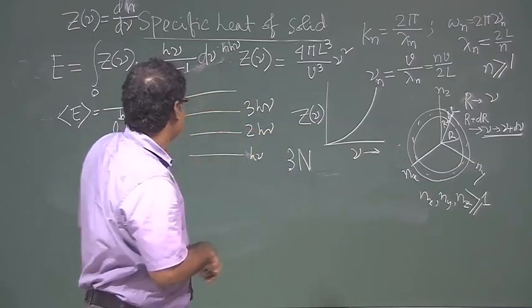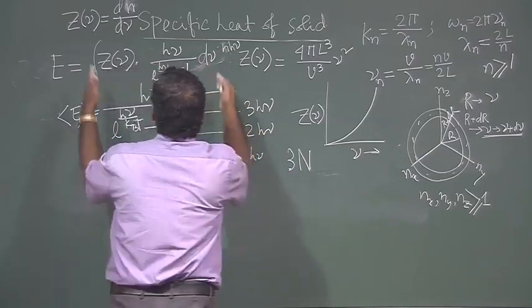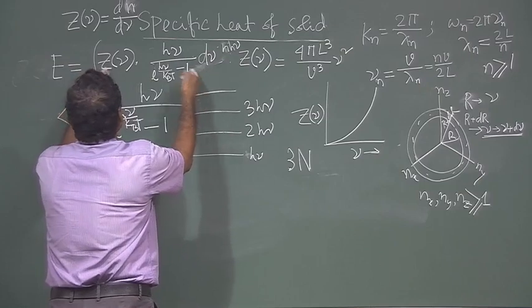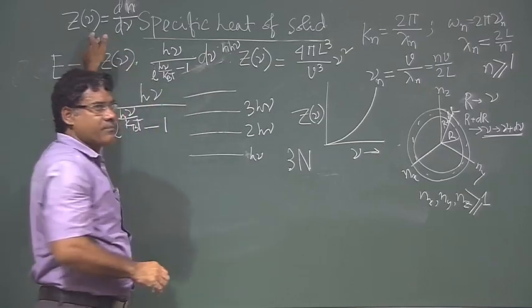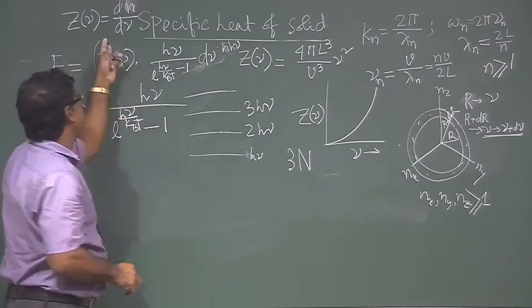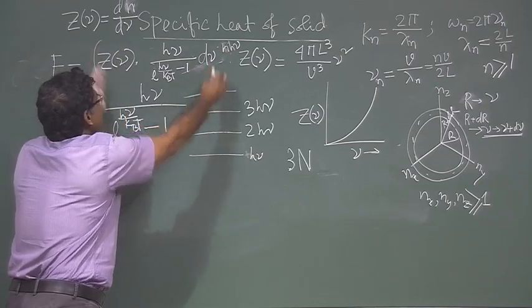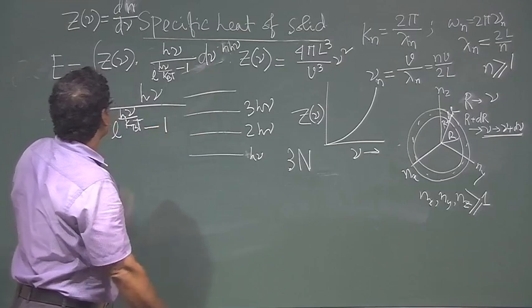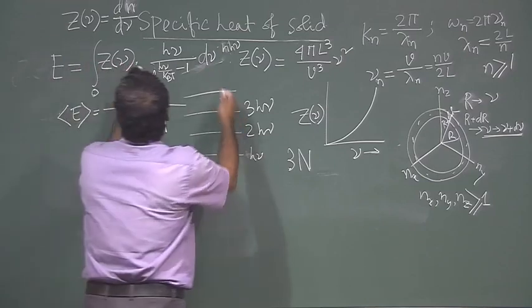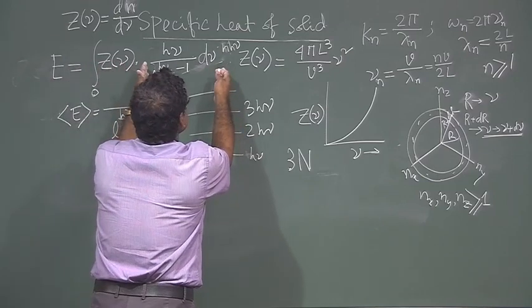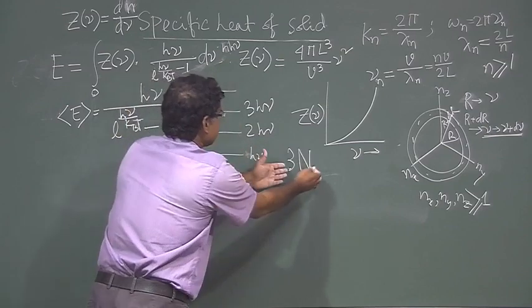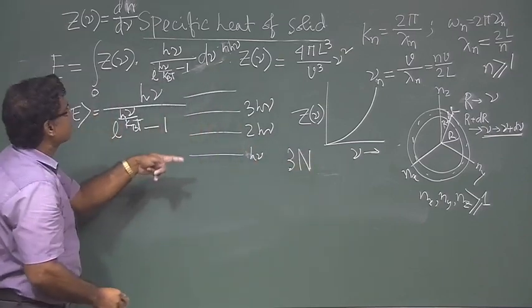So I have to integrate this, and for the upper limit I have to take a particular frequency so that the total modes should not exceed 3N. Okay. So that I have to find out.